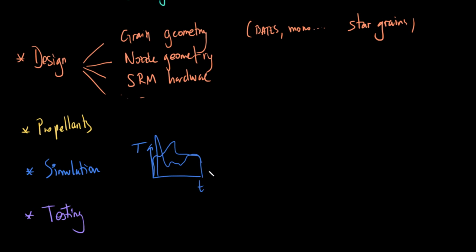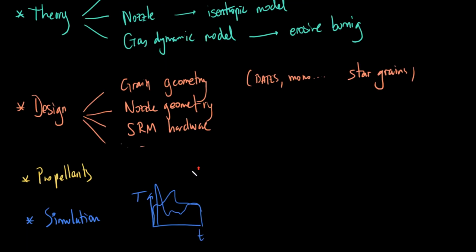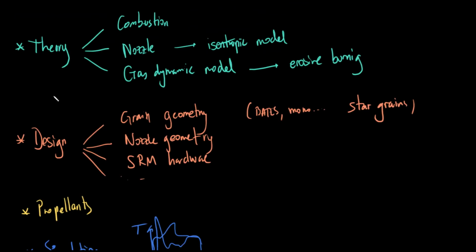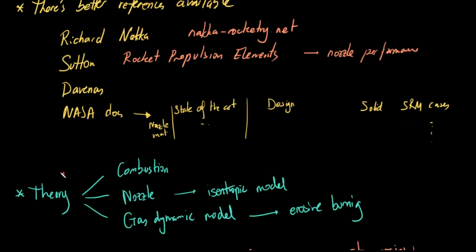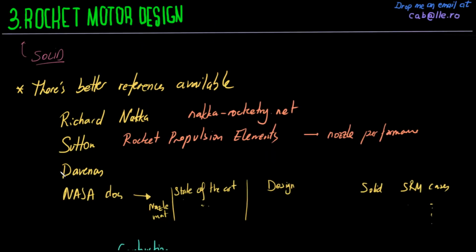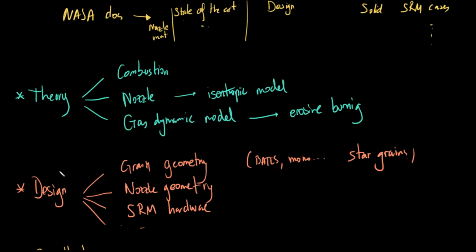The performance is going to be hard to simulate. So that's why testing of a solid rocket motor is going to be a must. So at least all this I'm going to cover in this section. It's going to be pretty long, I think. So let's go.